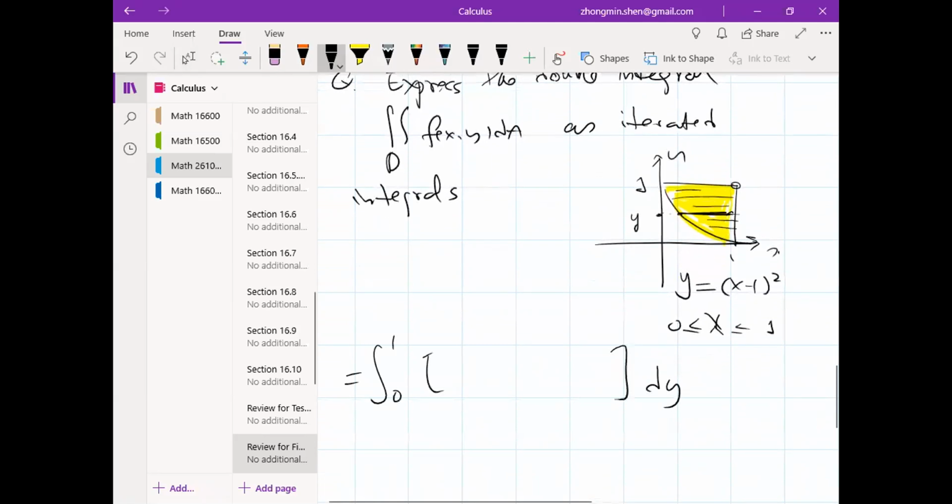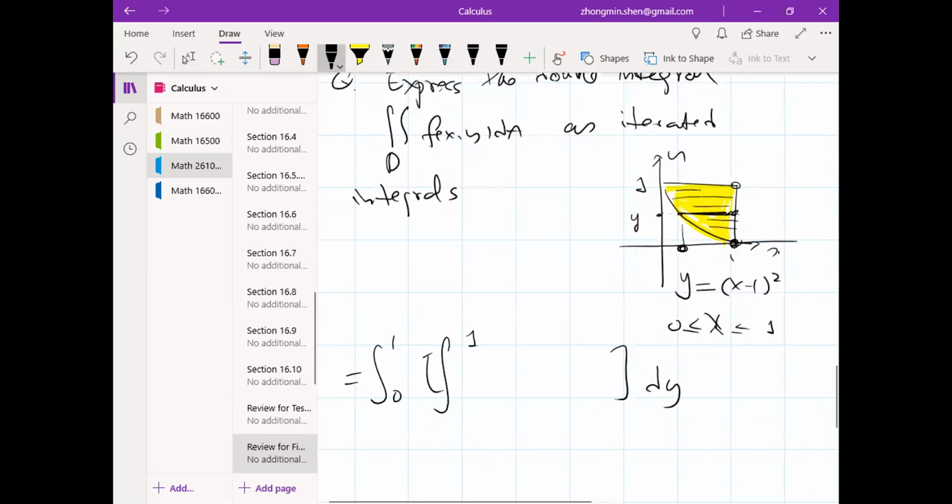Then you integrate the function along each horizontal line segment. And clearly x is between those 2 points for the fixed y. The upper bound is clearly 1.